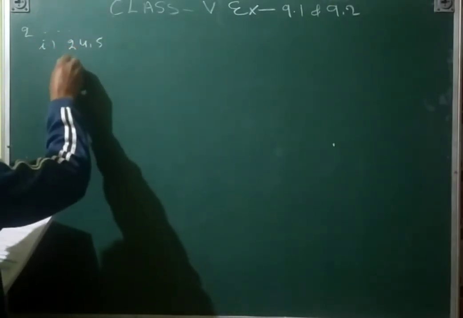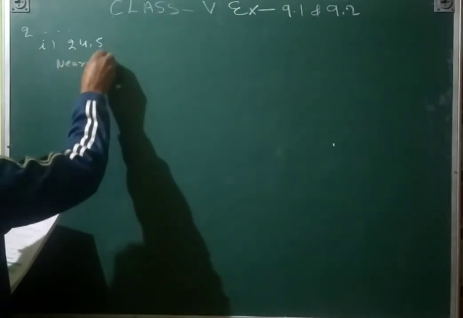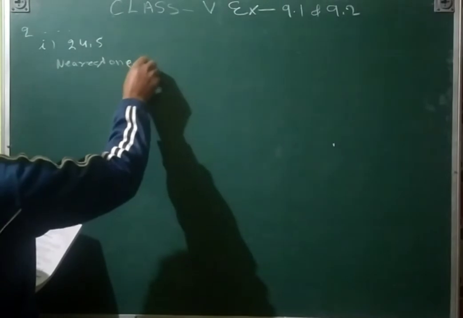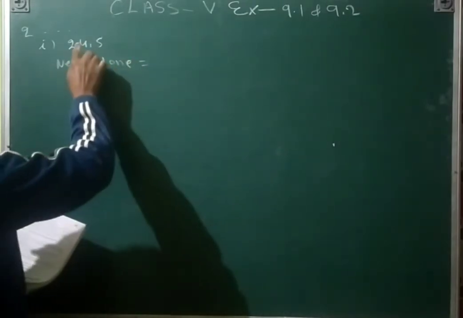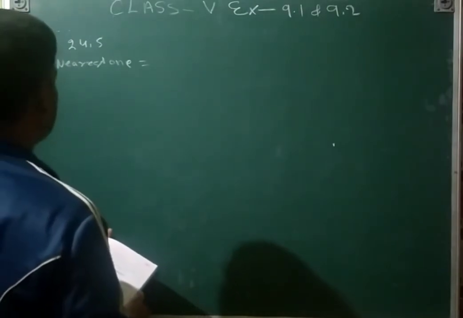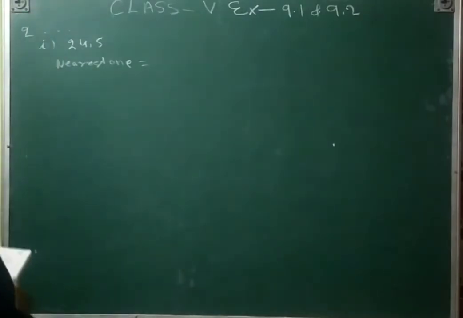Nearest 1, here we write 0 in the decimal place.